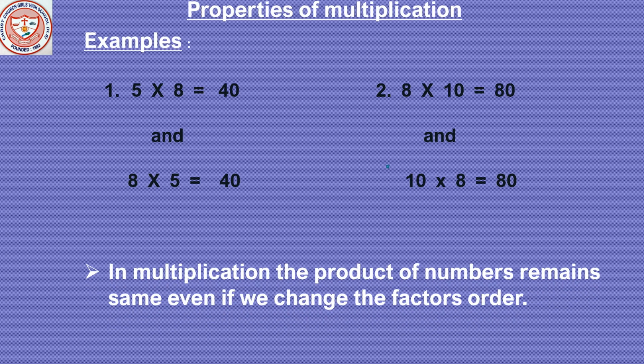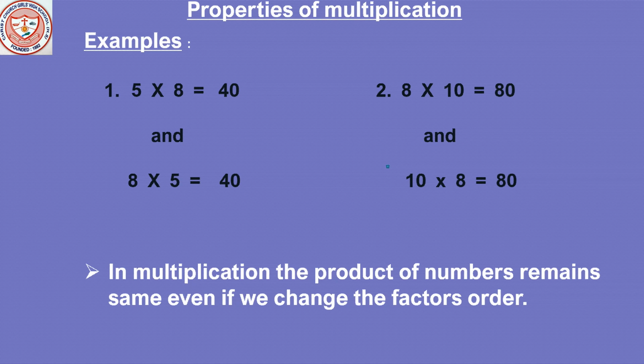Look, 5 into 8. 5 and 8 are the factors of 40. 40 is the product and its factors are 5 and 8. Similarly, 40 is the product and its factors are 8 and 5.